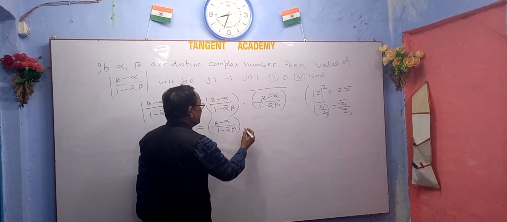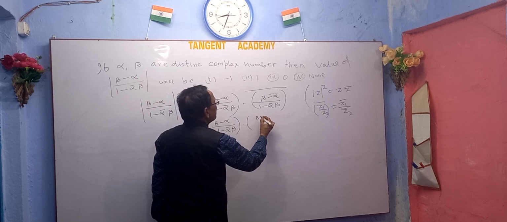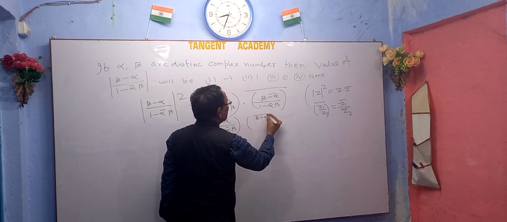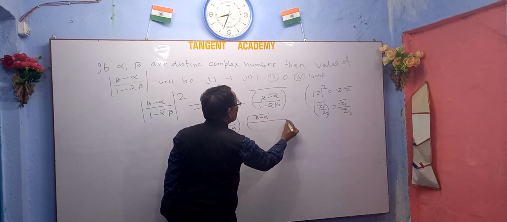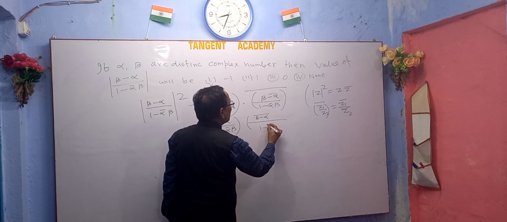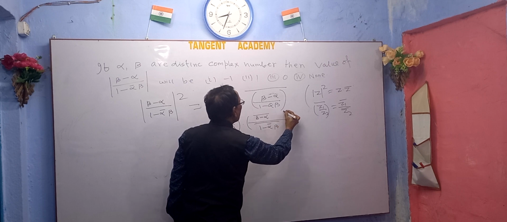So keeping in mind this expression, the second expression may be written as (beta minus alpha) whole bar divided by (1 minus alpha bar beta) whole bar.